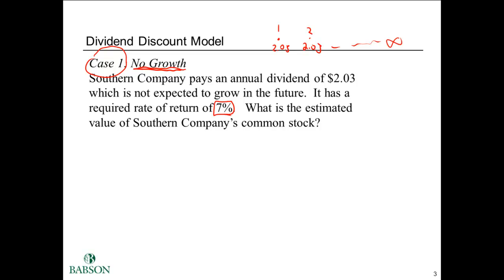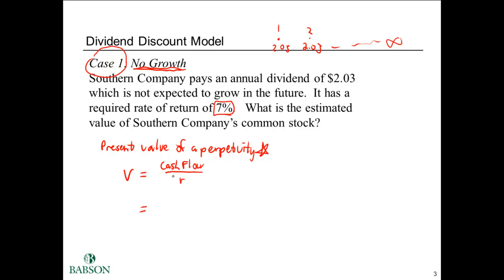Can we use a dividend discount model to value the company? Sure. We use something called the present value of a perpetuity. And that's simply the value of something today is equal to the cash flow that you get each year in perpetuity divided by whatever discount rate is being applied to that.